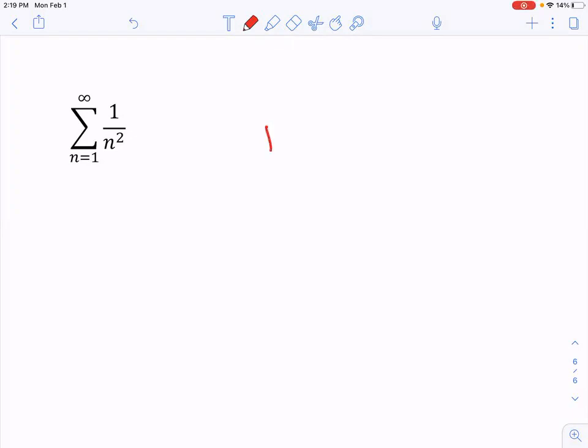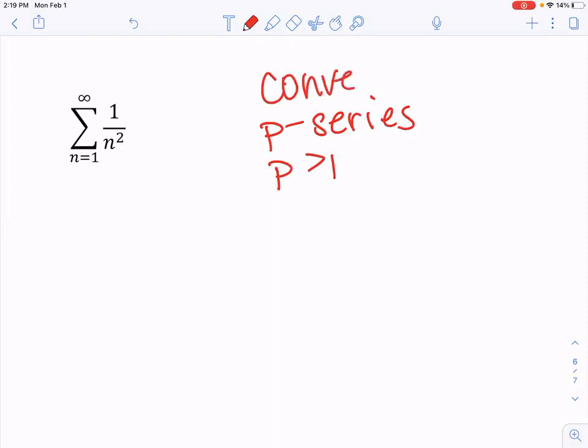So this is a P series where P is bigger than 1. So we know that it converges. And that's literally all you have to do. This is one of the quicker ones, quickest one, probably.